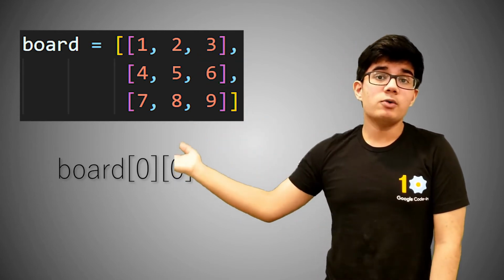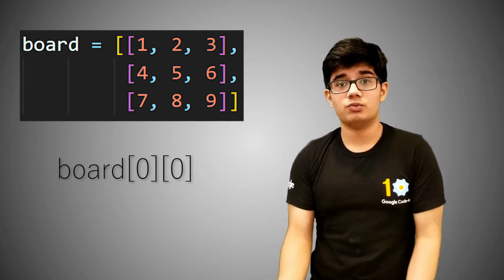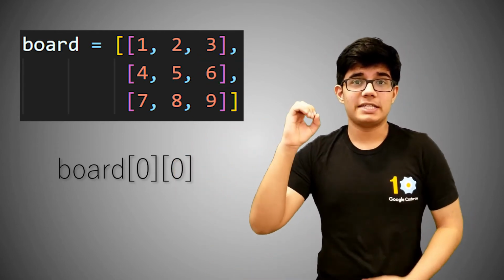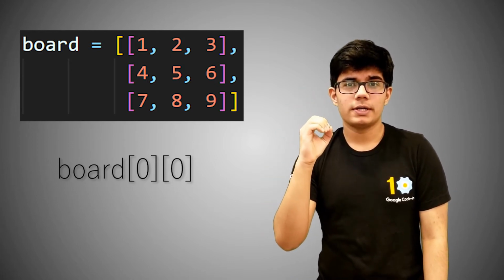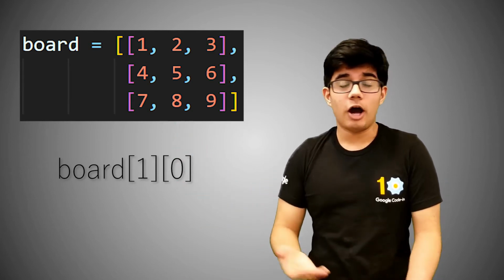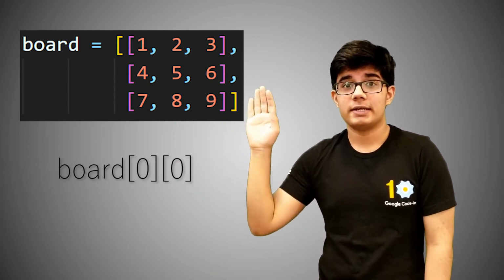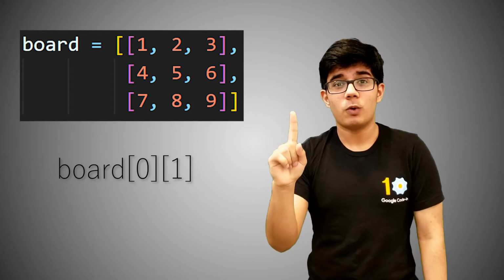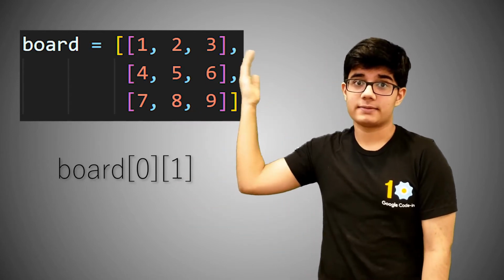When I go down 1 from that, I increase the row number. So, the very first 0 goes up by 1 as we go down 1. The opposite happens with going right. The second number increases by 1 if I go right.